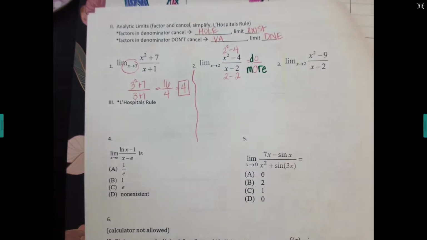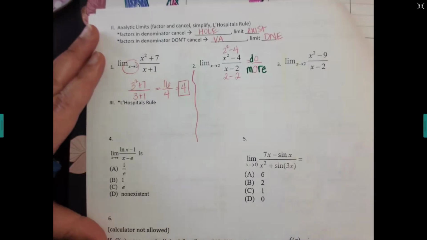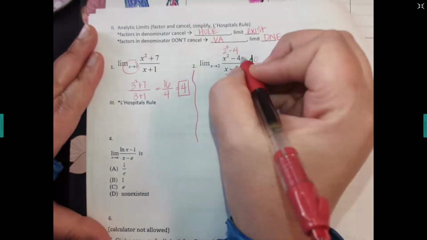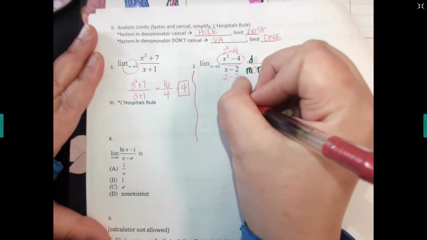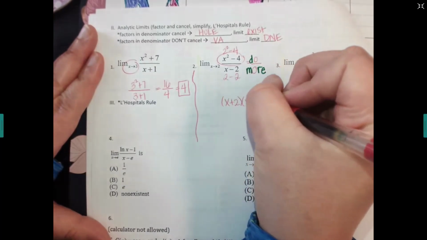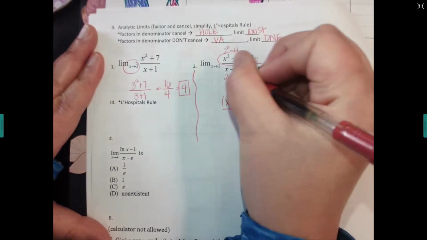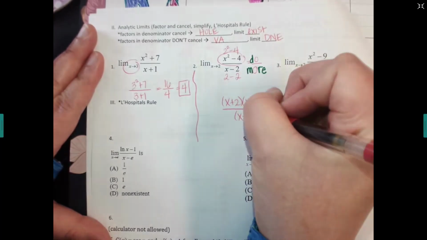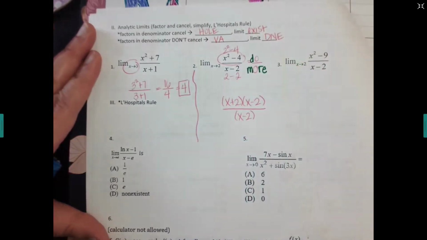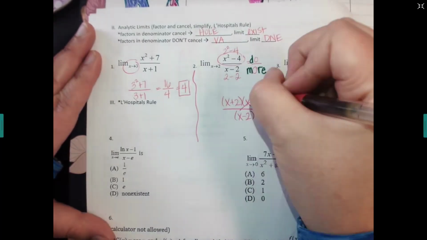So for the top, how can I factor x squared minus 4? x plus 2, x minus 2. Then on the bottom, I see that I already have an x minus 2. And then I see those x minus 2s are going to cross each other out. So these guys are gone.